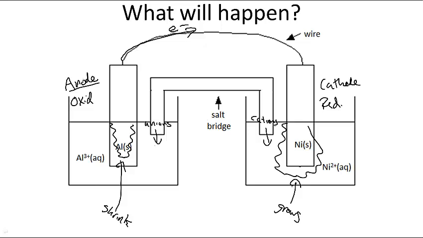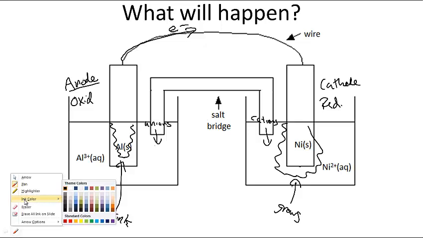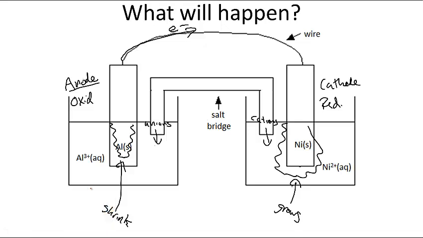Now, as this is happening, what's happening to my concentration of Al3+? Concentration is going up on one side and going down on the other. Are we at standard conditions anymore?